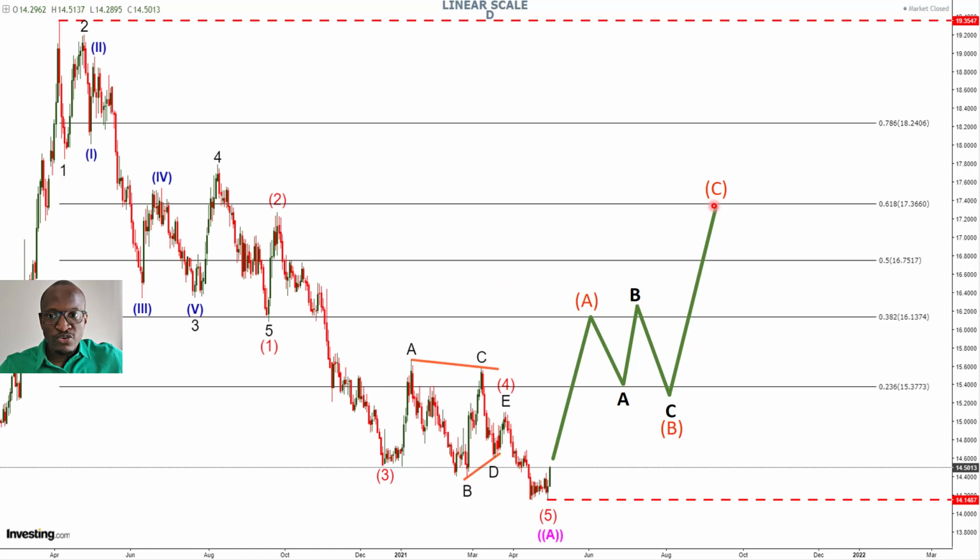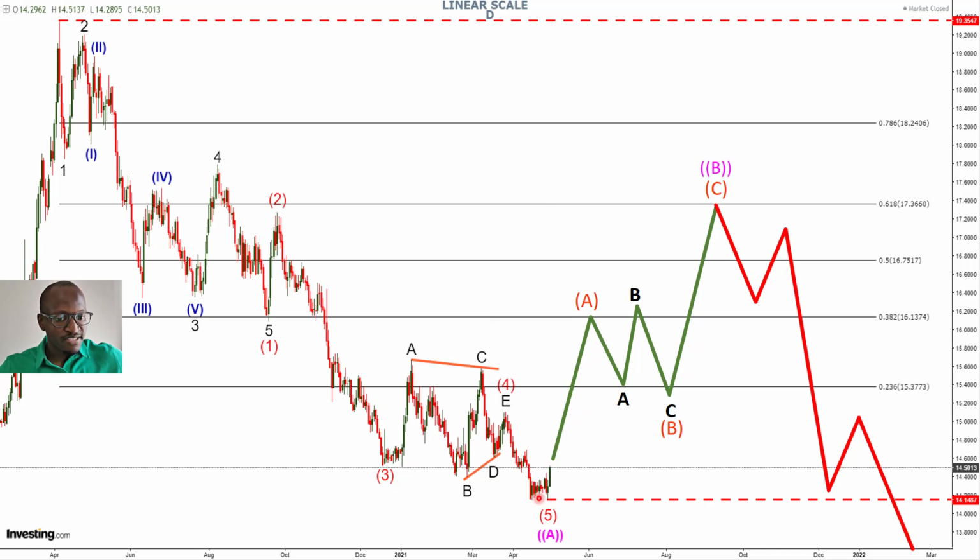But the golden rule here is we shouldn't breach this 19.3547. So the market can even push up higher, or it can terminate even lower than this 17.36 before we see the completion of the higher degree wave B, and then we should expect wave C to come in.